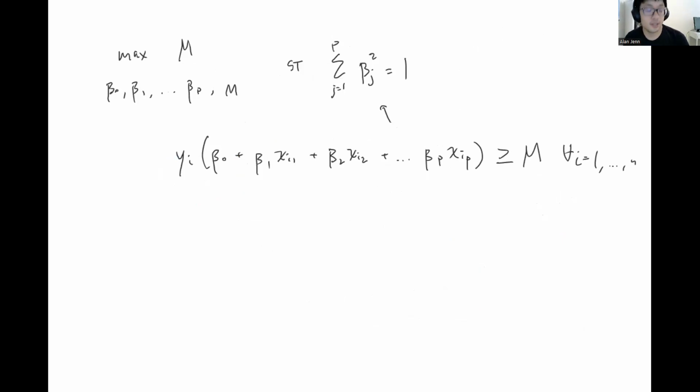There are two big issues with the maximum margin classifier.